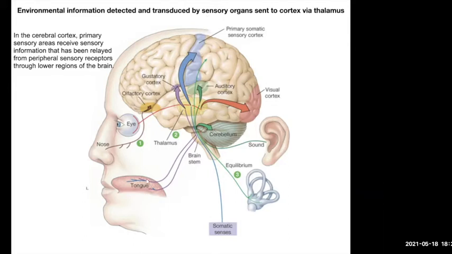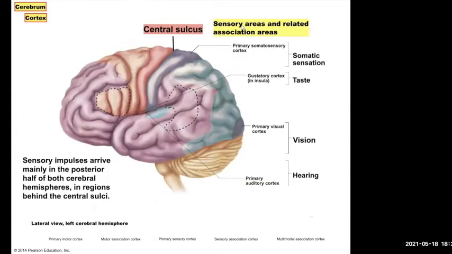So again, at this point, all that stuff from the environment has been changed into electrical signals. It's been coded and it's being sent up to your brain. Your thalamus is going to filter it and relay it, but now it's ready for high level processing up in these particular regions. So the ones you want to know are these right here.